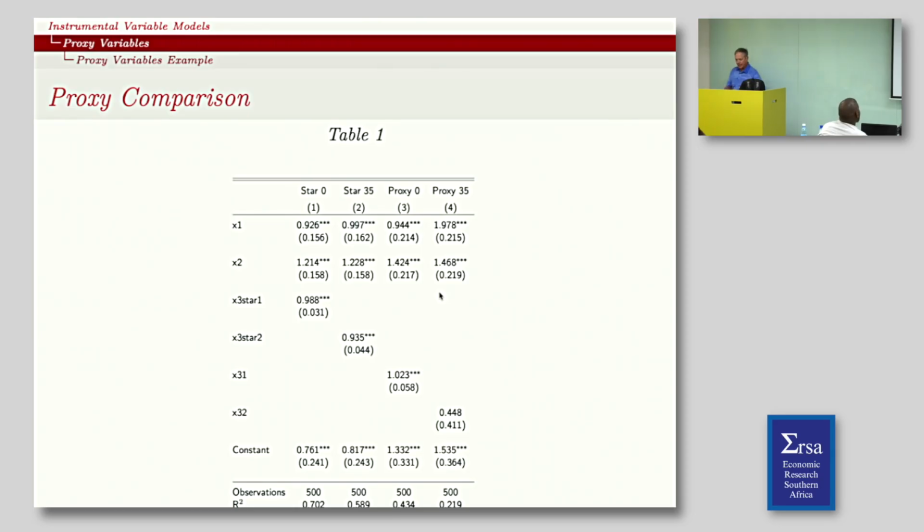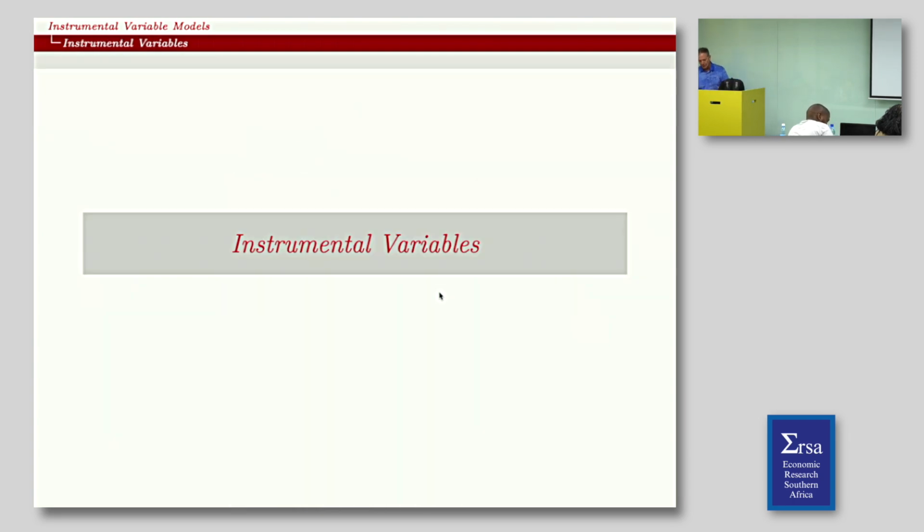So you can get a proxy to work well sometimes, but not always, okay? So short answer, we really don't use proxies much, okay? Instead, what we try to do is make use of instruments.